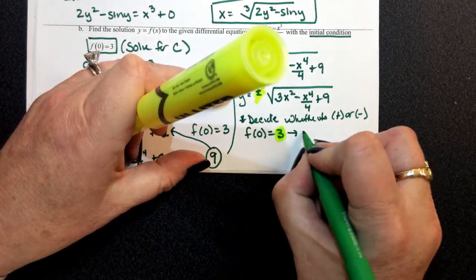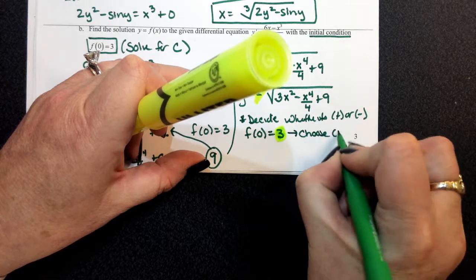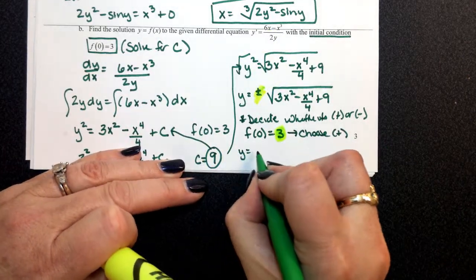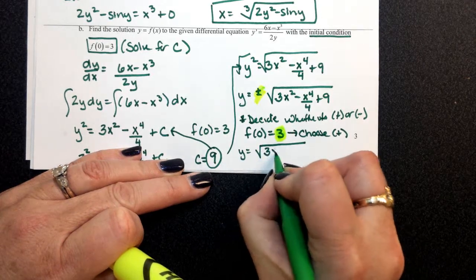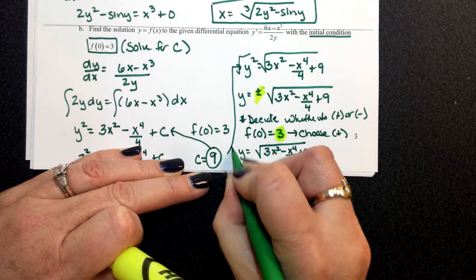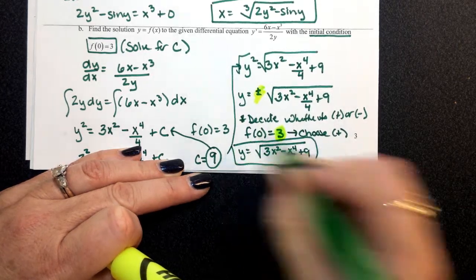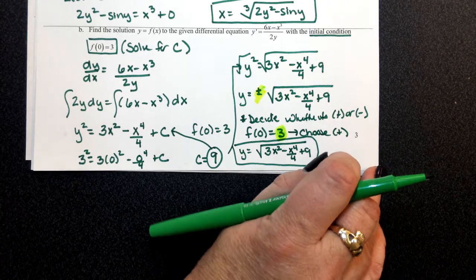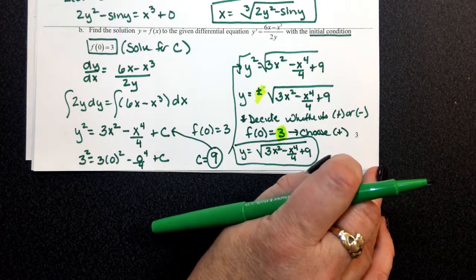So in this case, we're going to choose the positive because the initial condition has a positive y value. So y is equal to the positive square root of 3x squared minus x to the fourth over 4 plus 9. Any questions on how you can decide whether you're going to choose the positive or the negative?